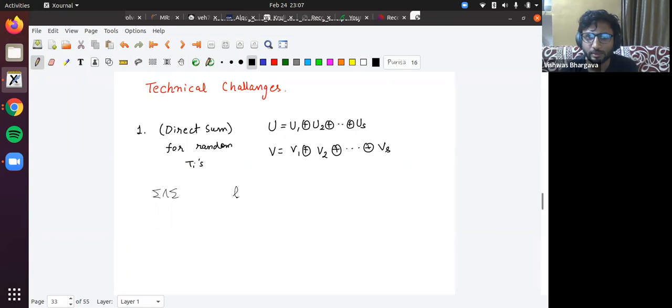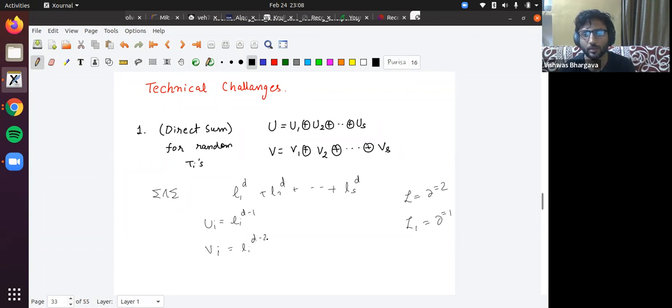Here your Ti will be just the powers of linear forms, L1 to the D plus L2 to the D up to LS to the D. Here, let's think of your L as second order partials, just as in the Hessian demonstration I did earlier, and your L2 being the first order derivative. So the Ui will be Li to the D minus 1, and your Vi will be Li to the D minus 2.